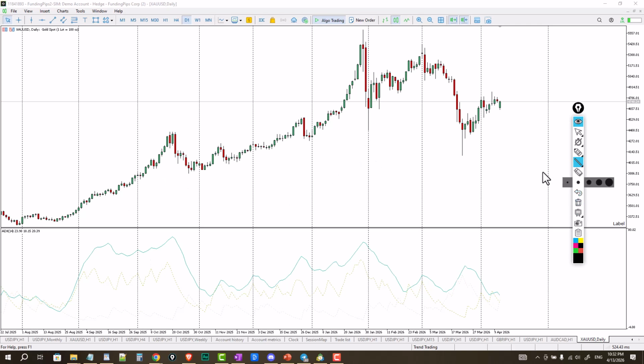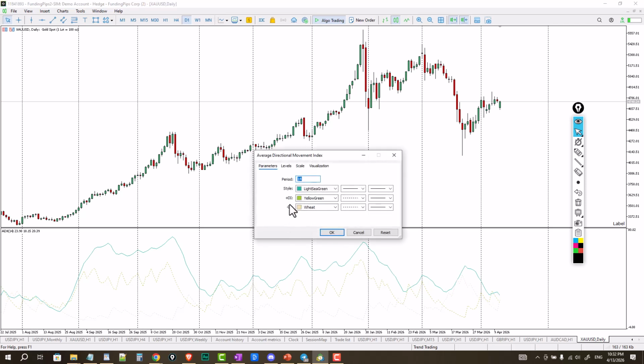As you can see on the chart, this is the default look of the Average Directional Movement Index indicator. One thing you need to pay attention to is that, personally, and a lot of traders, don't use the plus DI and minus DI settings of the indicator. You can see the dotted lines on the chart here.